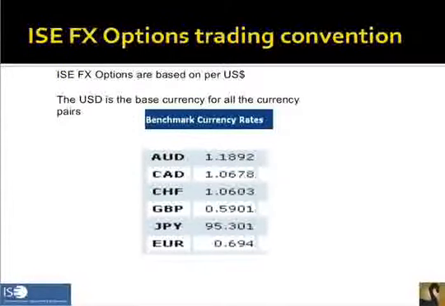Let me just explain how easy it is to look at this. For those of you that are familiar with the spot market, you just turn it into the dollar-based valuation. So dollar Australian, dollar Canadian, dollar Swiss franc, dollar British pound, dollar euro. We multiply all those values by 100. Dollar yen, we leave it as it is.